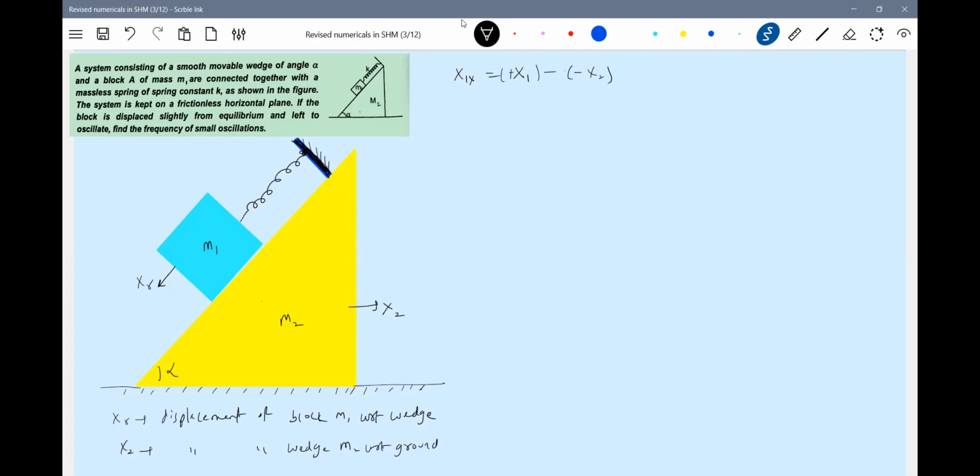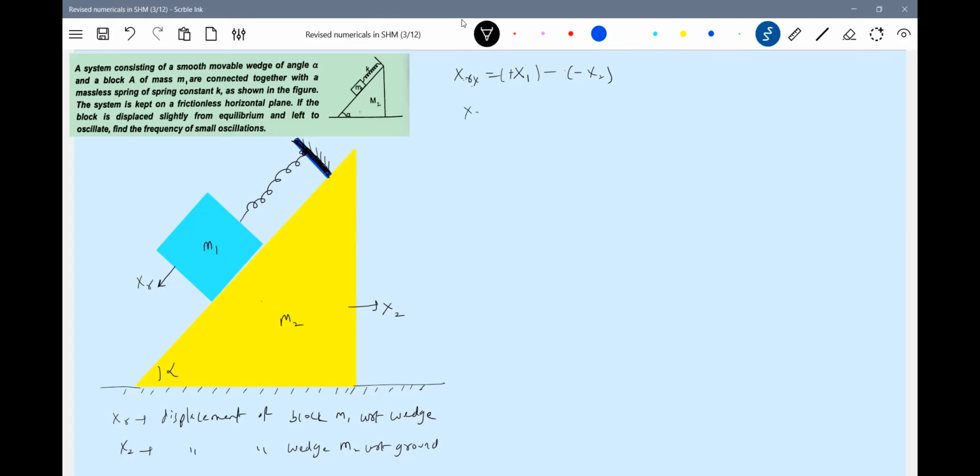xr already is there, no? Along x-axis, xrx. So what is xrx? Displacement of block with respect to wedge along x-axis. That should be equal to displacement of block with respect to ground along x-axis minus displacement of the wedge. Why negative sign? Towards left is positive, towards right is negative.